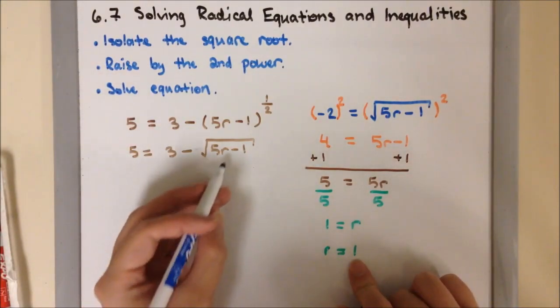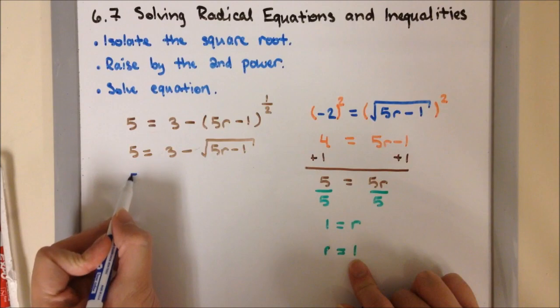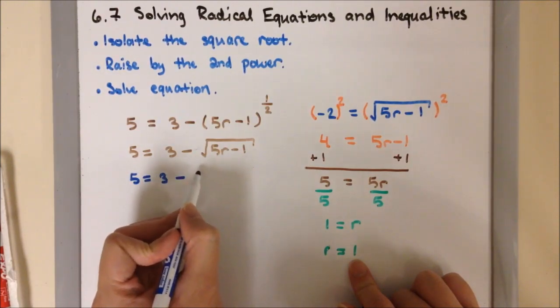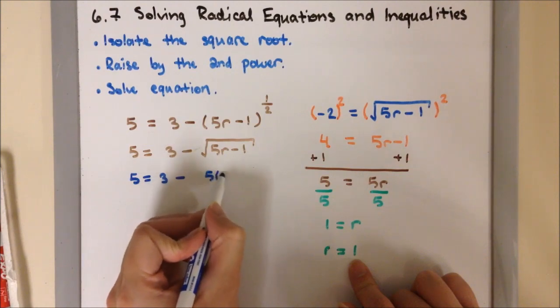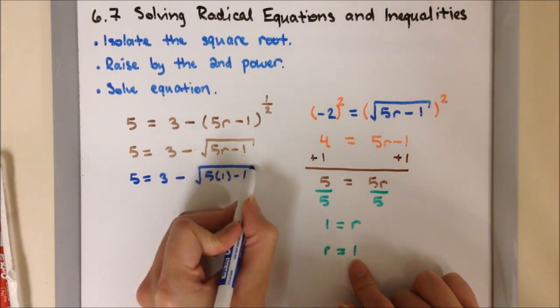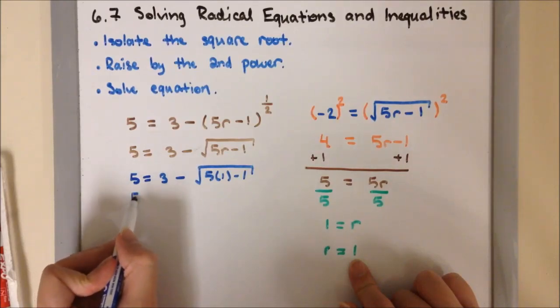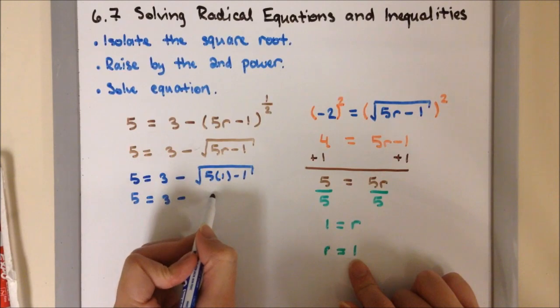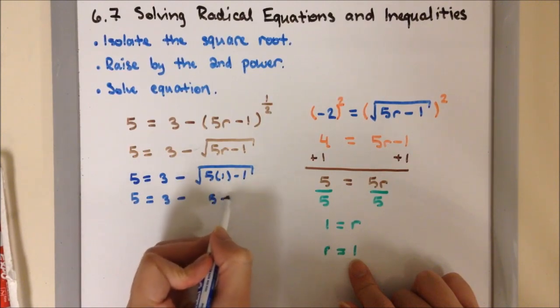So I'm going to plug in 1 into r. So it's going to be 5 equal 3 minus the square root of 5 times 1 minus 1. So it's going to be 5 equal 3 minus 5 times 1 is just 5, and then minus 1 inside the square root.